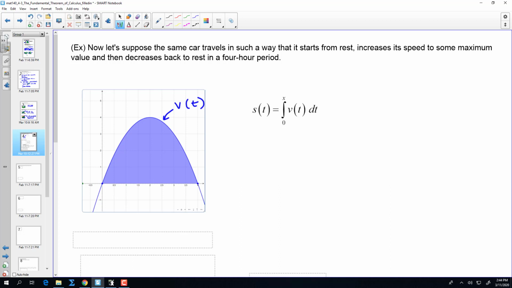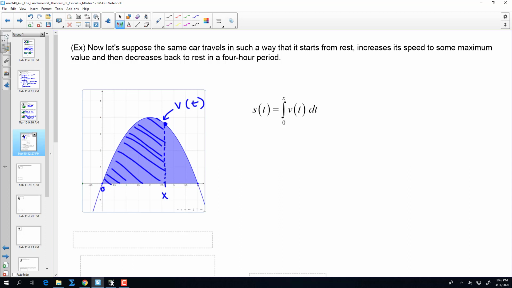then s of t, whatever x is, it is the total area from 0 up to x of this particular function. So I've now got this accumulation function defined. Okay? And my accumulation function right now starts at 0.